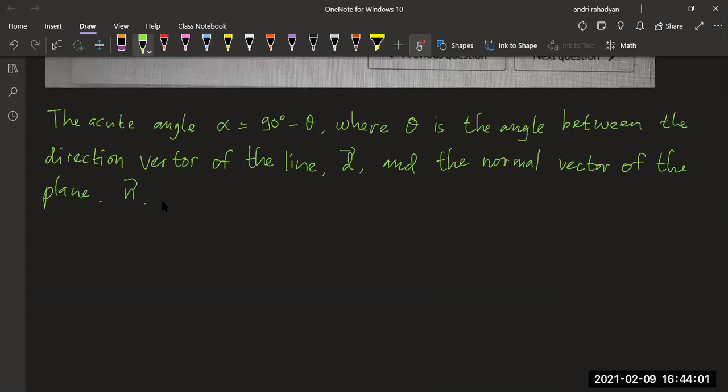So we need to find the vector d and the vector n.